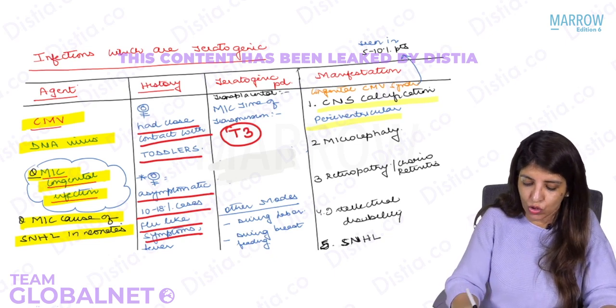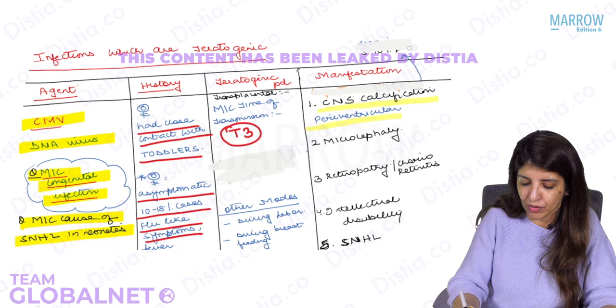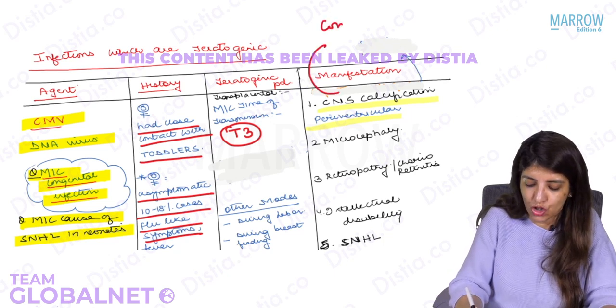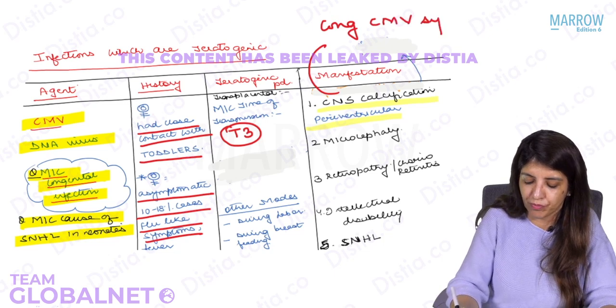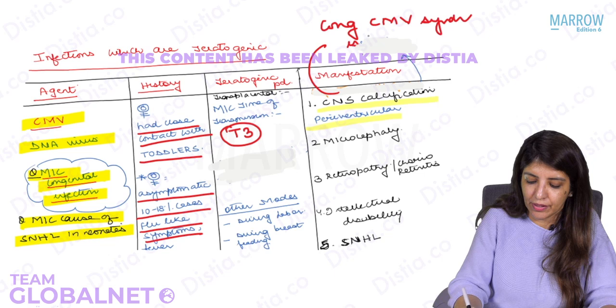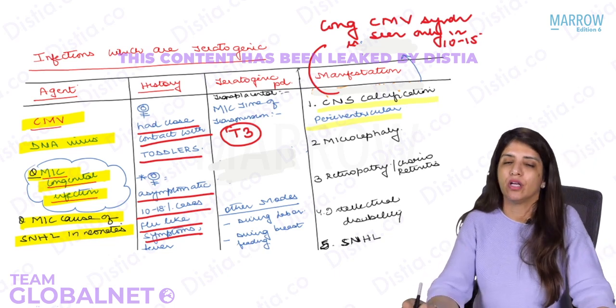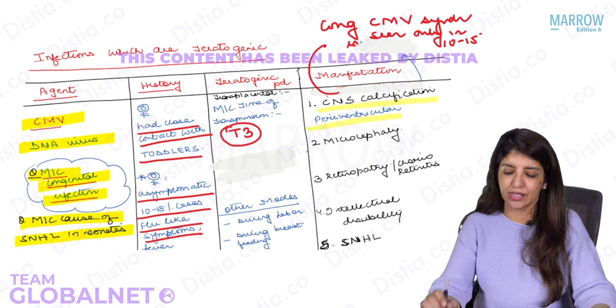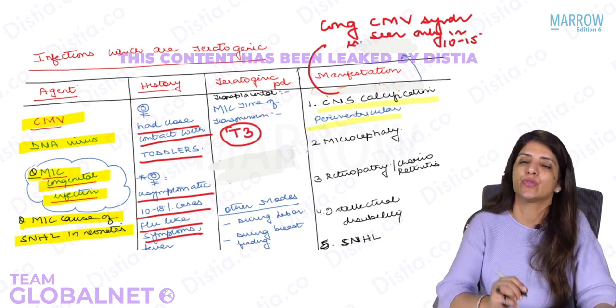So I'm writing this line over here so that it becomes easier for you. Congenital cytomegalovirus syndrome is seen only in 10 to 15% patients. Only in 10 to 15% fetuses are you going to get congenital cytomegalovirus syndrome.